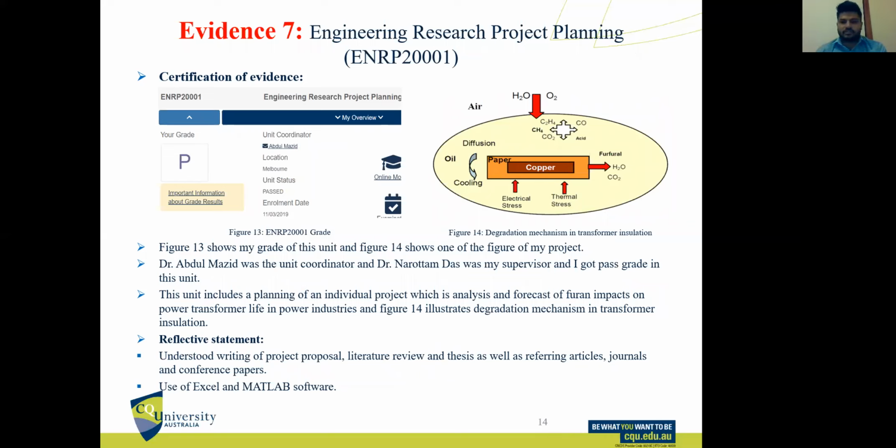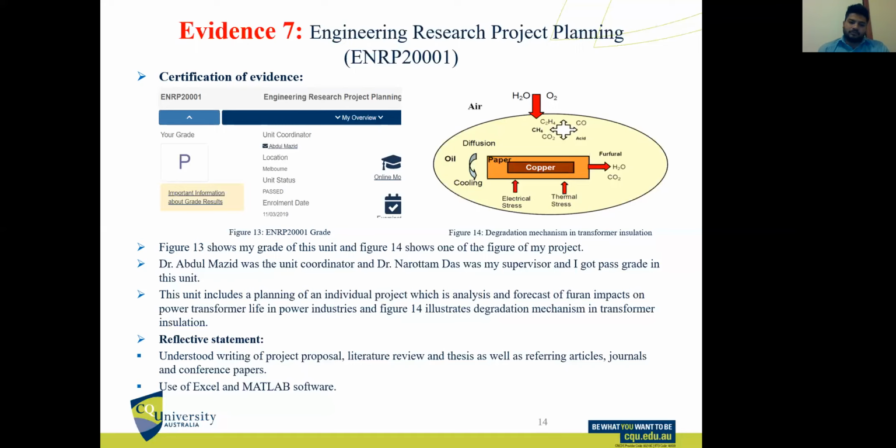Evidence 7 shows the engineering research project planning, in which I participated, and Dr. Abdul Majid was my unit coordinator, and Dr. Narottam Das was my supervisor. I performed an individual project, which is analysis and forecast of furan impacts in power industries, where figure 14 shows the degradation mechanism of transformer insulation.